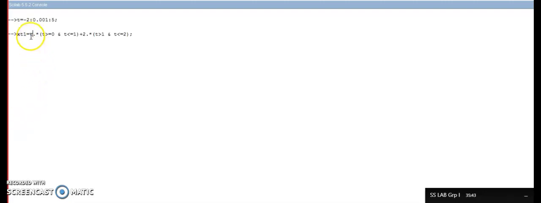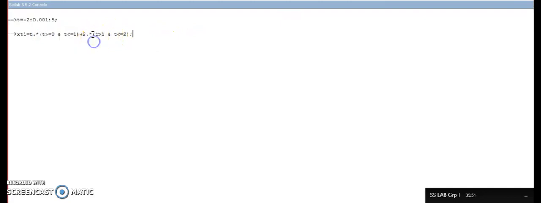It is t between 0 to 1, and 2 between 1 to 2, like this. Okay, so x1t डिफाइन किया. उसके बाद plot2d2 t, x1t किया.